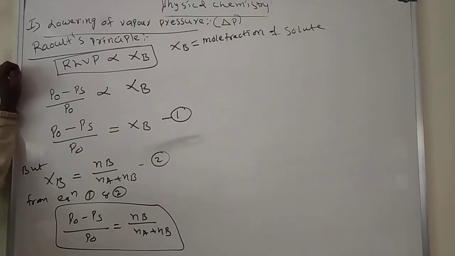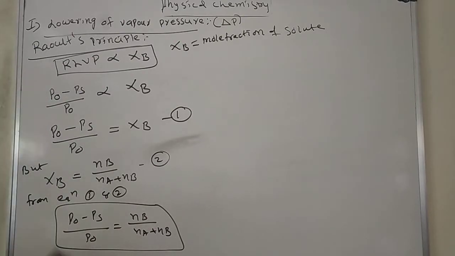This is the mathematical expression of Raoult principle. By using this, we'll calculate the lowering of vapor pressure, vapor pressure of the solvent, or any other.